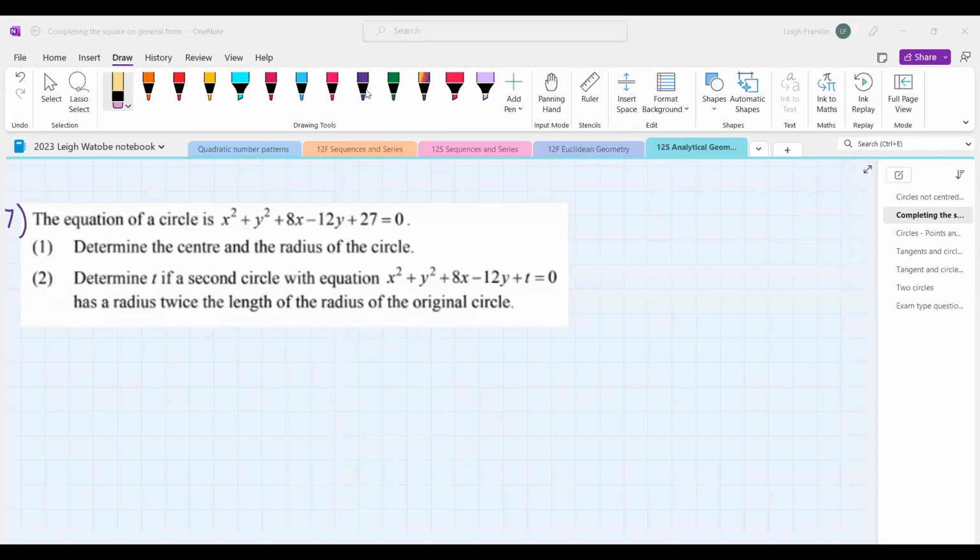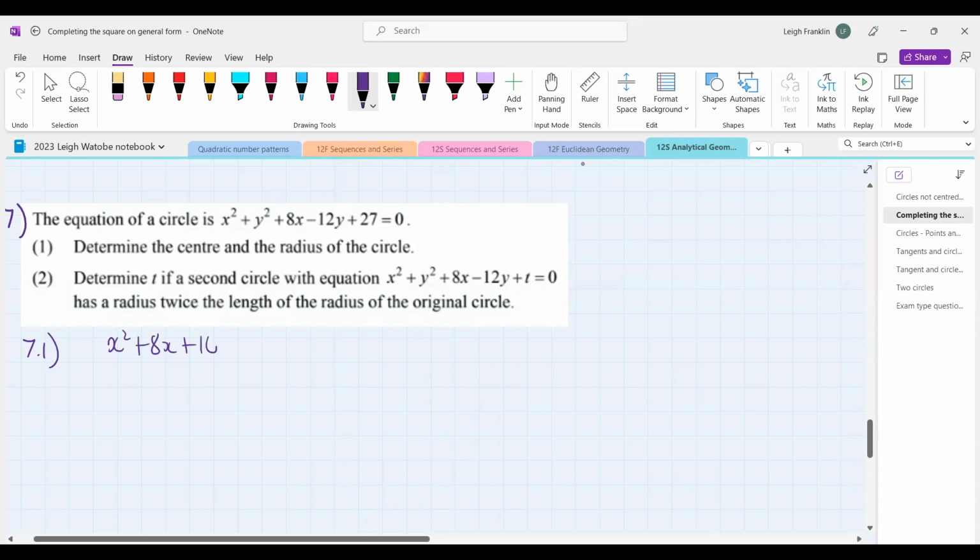In 7.1, let's see if we can whip through that quite quickly. In order to get the center and the radius, we would need to complete the square. By now we should all be feeling confident with this. We've got x squared plus 8x plus 16, then y squared minus 12y plus 36. We would take our 27 over to the other side, and to that we would add our 16 and our 36.